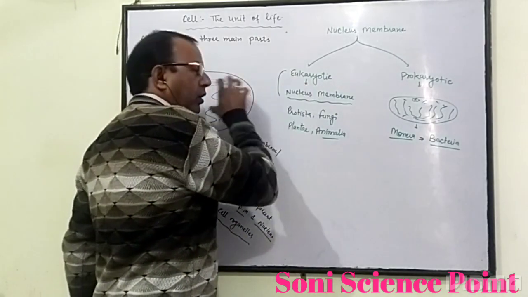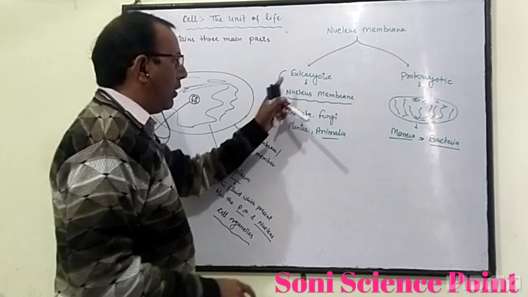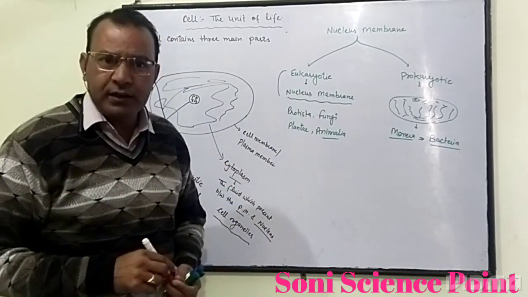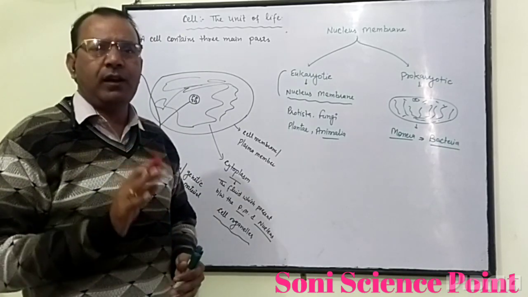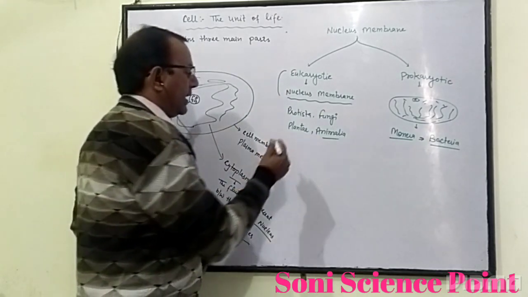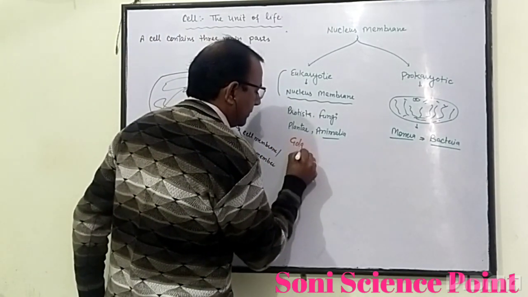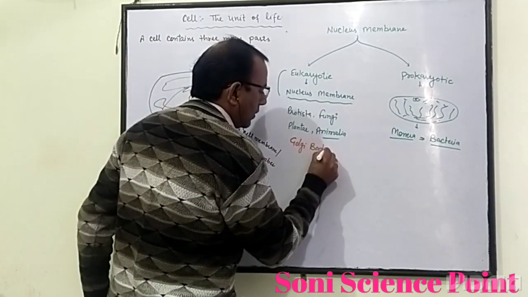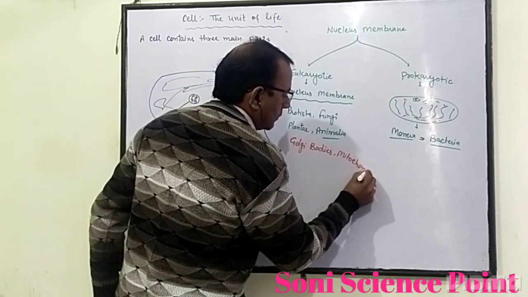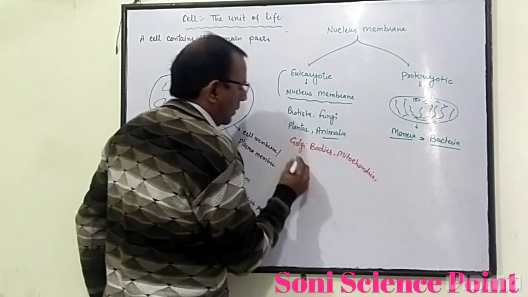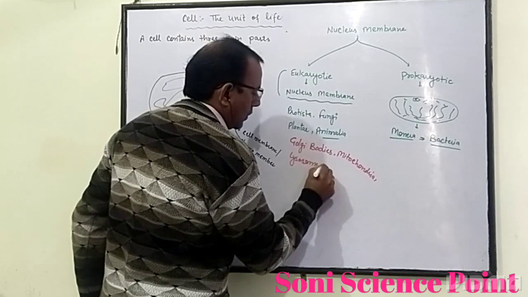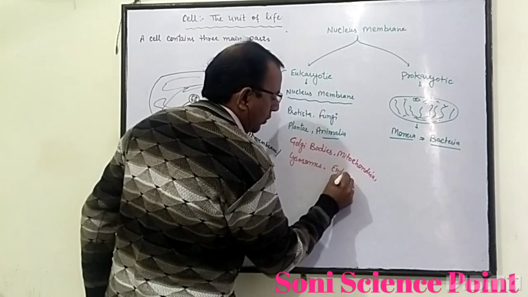Now, one more important thing is that in eukaryotes, except for one cell organelle, all the cell organelles are found membrane bounded, such as Golgi body, mitochondria, lysosome, endoplasmic reticulum.